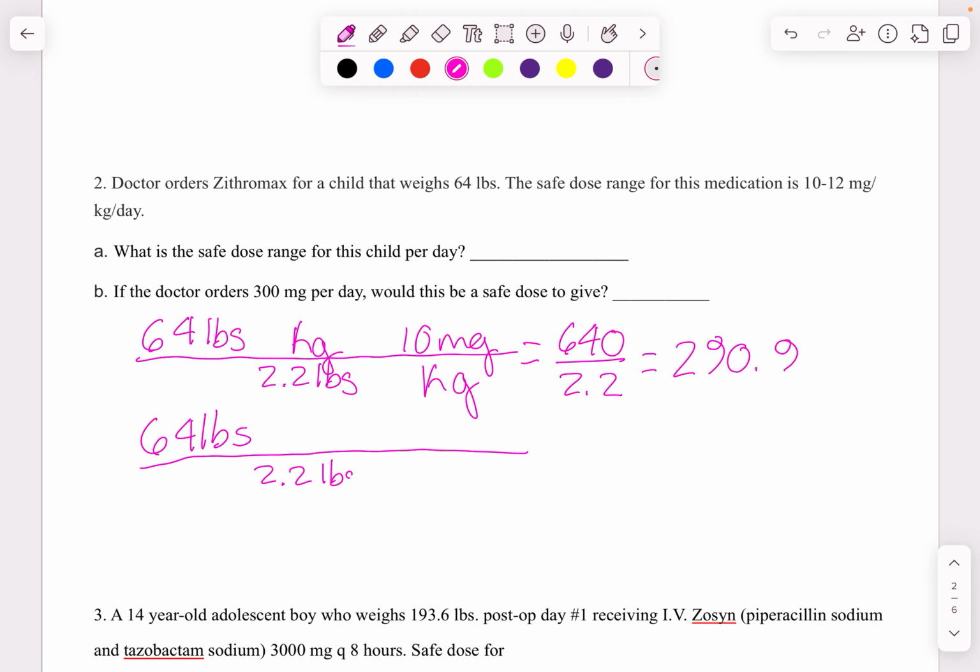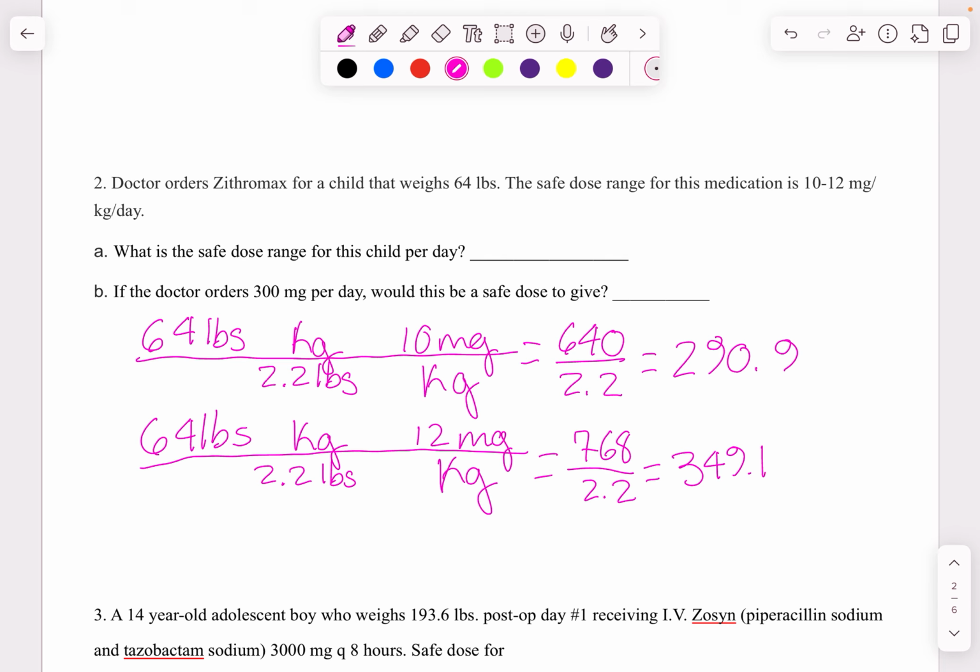And then we will do the high end, 64 pounds, 2.2 pounds per kilogram, 12 milligrams per kilogram. And that gives us 768 divided by that 2.2 is 349.1.